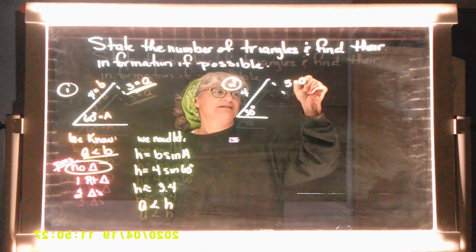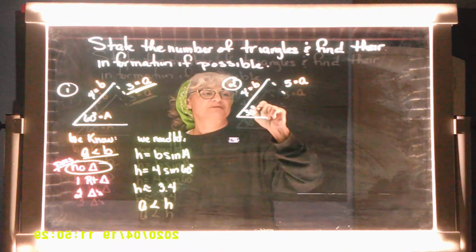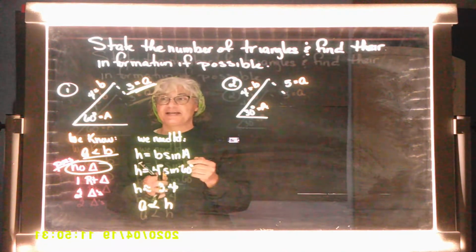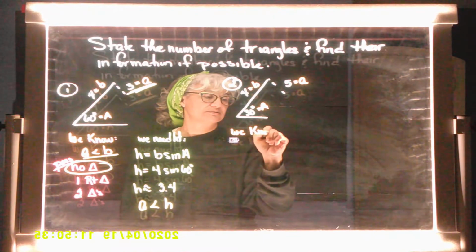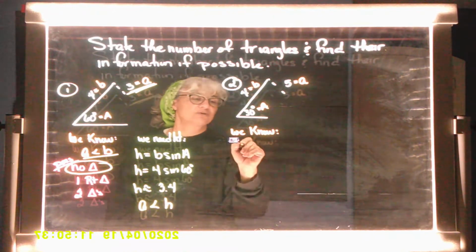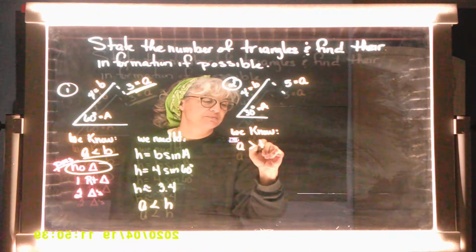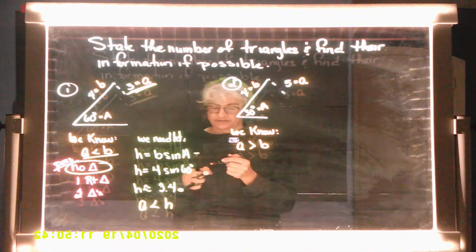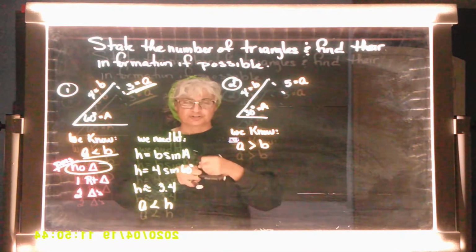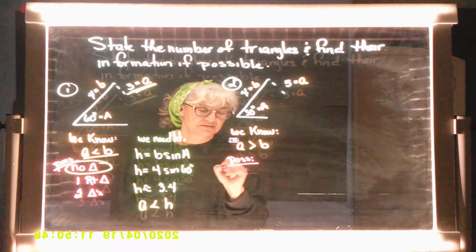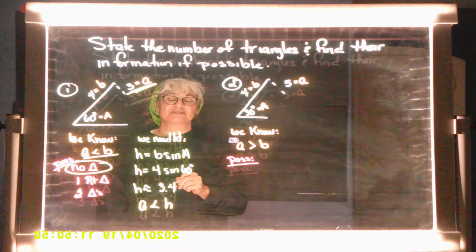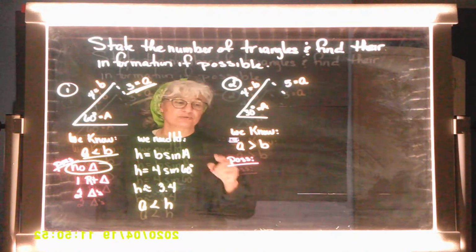This was our A, this was our B, this was our angle A. Now, we've got to figure out what we know. In this case, we know that A is bigger than B, don't we? Okay, so go back and take a look. What's the possibility when A is greater than B? Yeah, there was only one possibility.